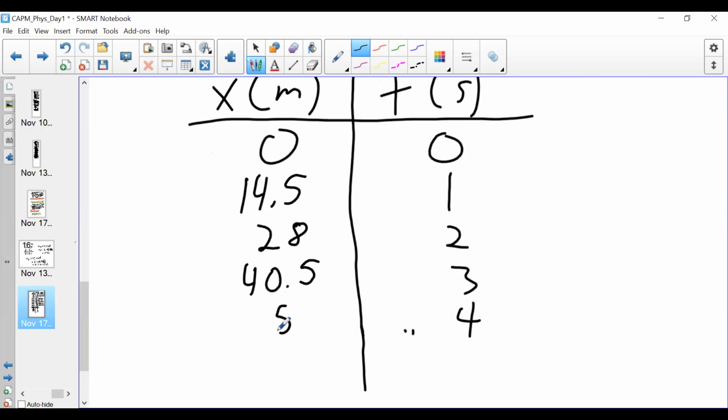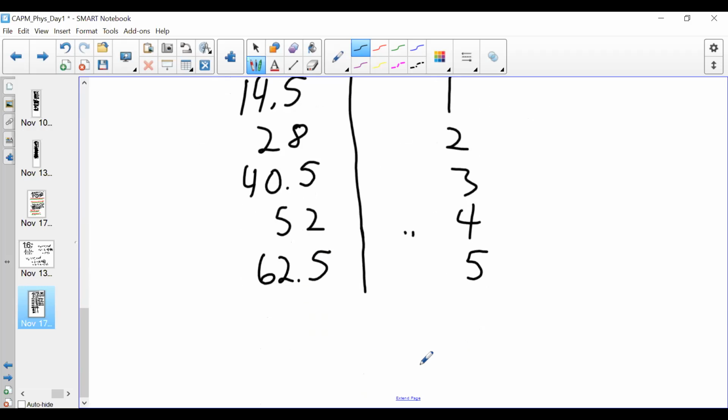At 4, 52. At 5, 62.5. That's how we populate our data table through the math. Otherwise in the lab, we generate it by, you know, you guys putting the popsicle sticks down for every second, like we saw in that one video, and then you generate your data table. But this is also pretty cool, I hope you will find.